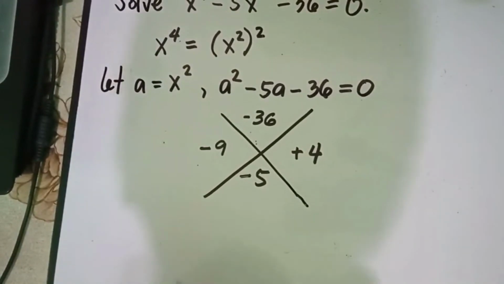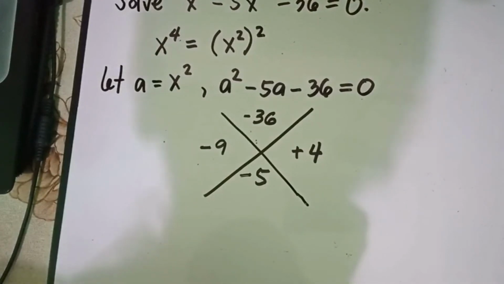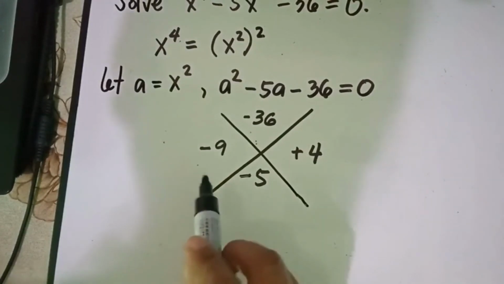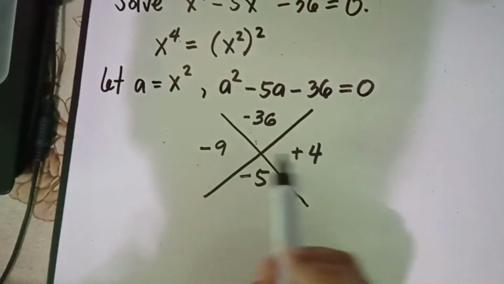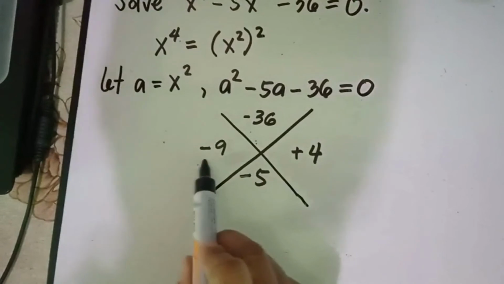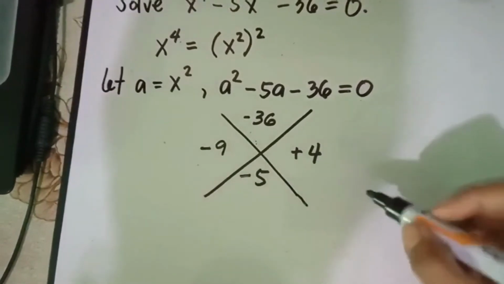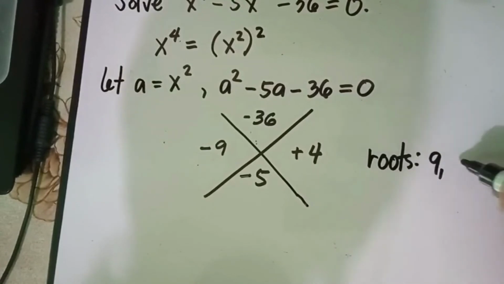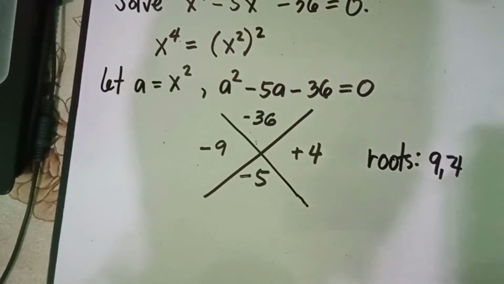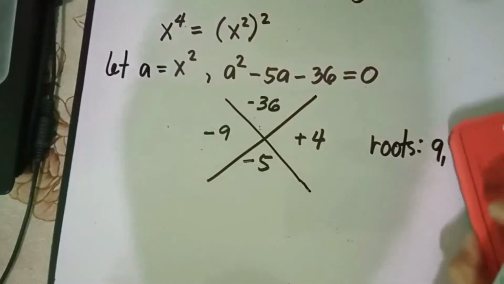So, therefore, the roots are, pwede na ba natin ibigay yung roots? Yes, kasi di-divide lang natin by etong dalawang factors by 1. So, pareho pa rin. So, to get the roots, we just get the inverse of negative 9 and 4. So, therefore, ang roots natin are positive 9 and negative 4. Sulat natin ng maayos.